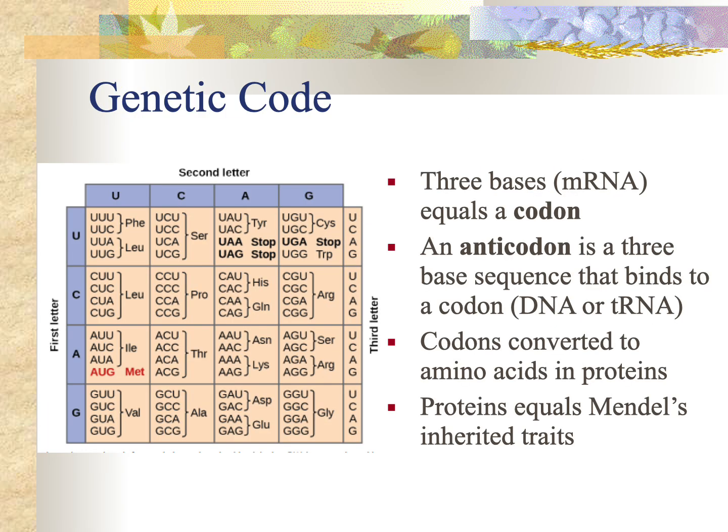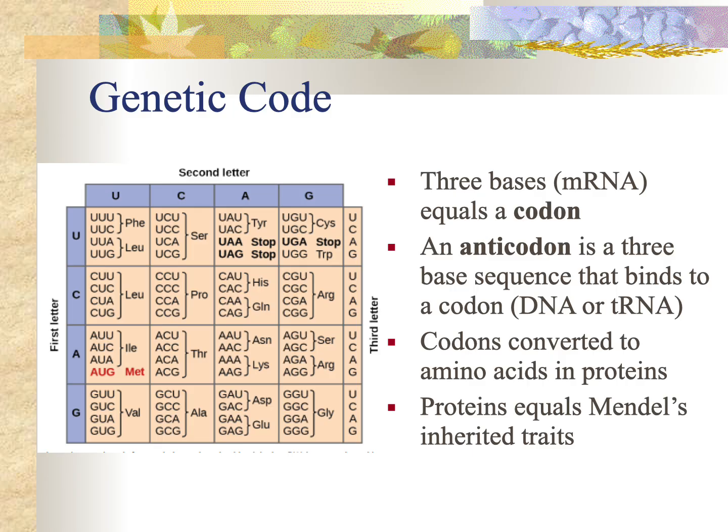This code for the production of proteins involved three nucleotide sequences that specified an amino acid in a protein or an action to be taken, like a start or a stop.